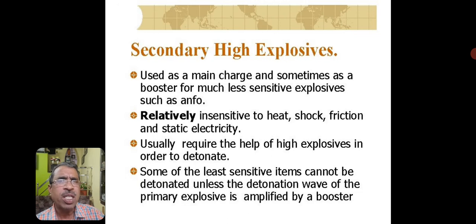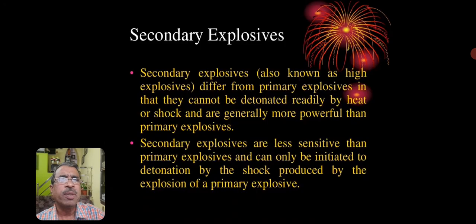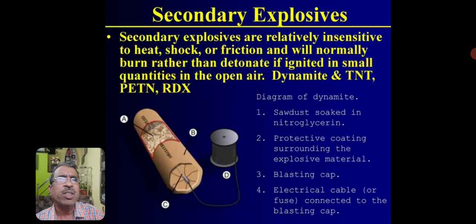Some of the least sensitive items cannot be detonated unless the detonation wave of the primary explosive is amplified by a booster. So almost the same information is given in this slide.